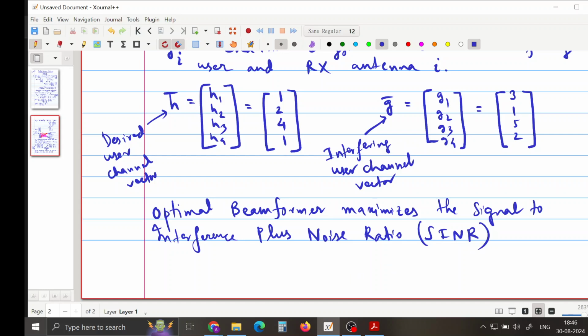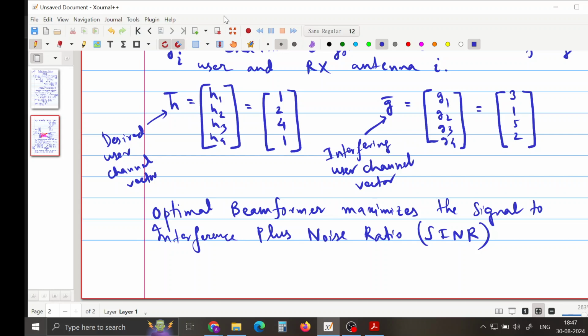The signal part is in the numerator and the interference and the noise part is in the denominator. So you want to increase the signal strength, and you want to suppress the interference and the noise part in the denominator. In other words, you want to increase the SINR.